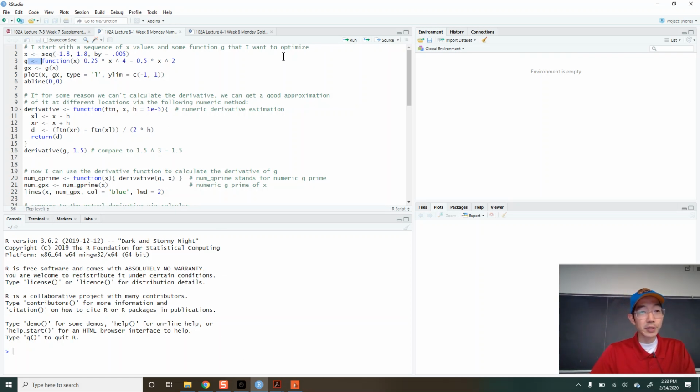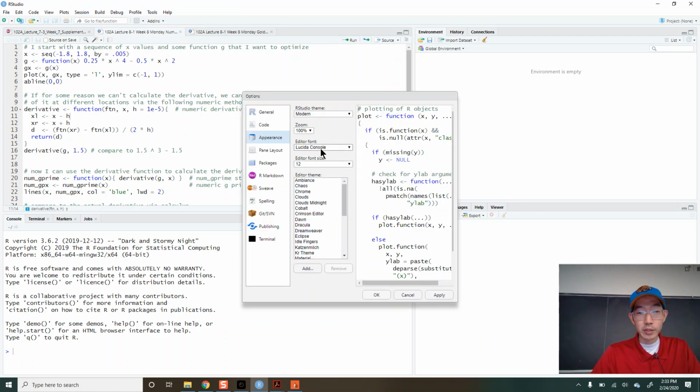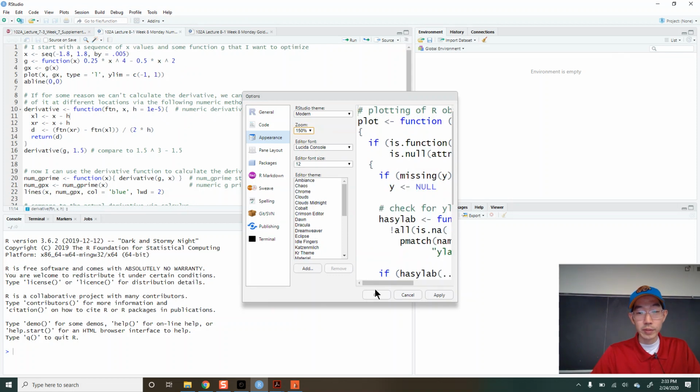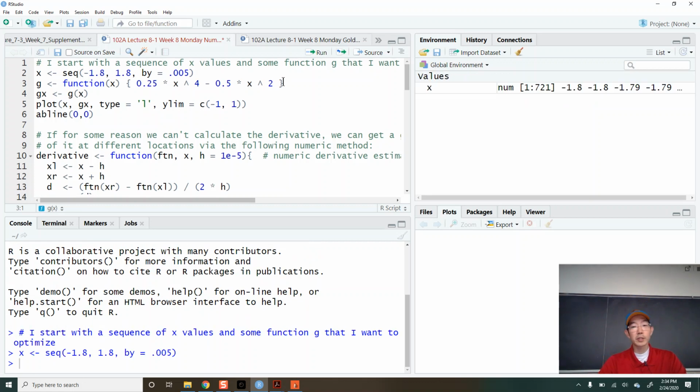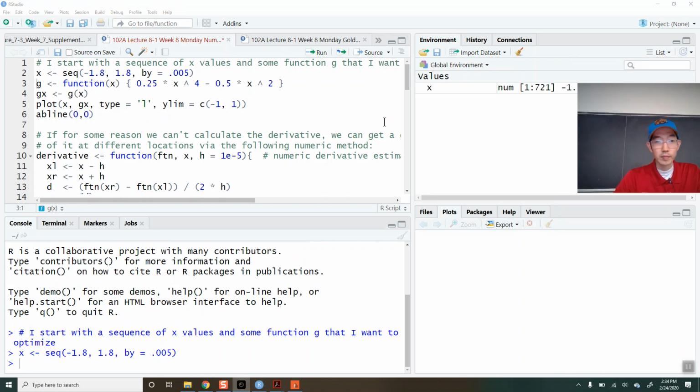All right, so here, let me make this bigger for you guys to read. Appearance, 150, let's do that. Okay, so here I have some function, 0.25 x to the fourth minus 0.5 x squared.